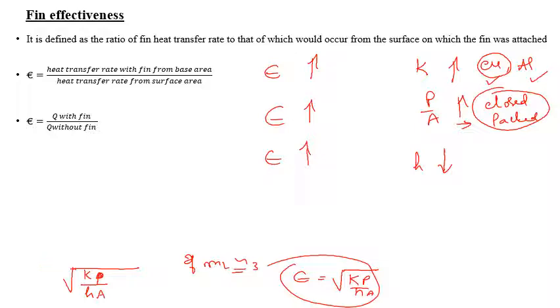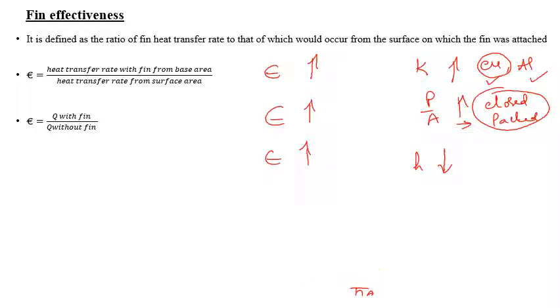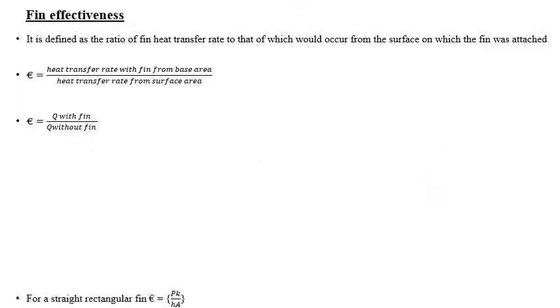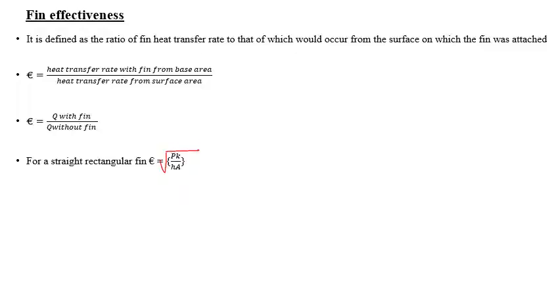I told you in the earlier slide, if there is an option, whether I should have the fin on the gas side or on the liquid side, we prefer the gas side over the liquid side. That is given by this factor, the effectiveness equal to kP by hA, and surely I should have a square root over here.